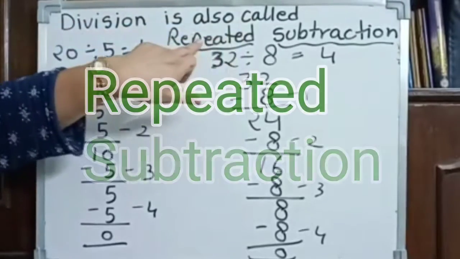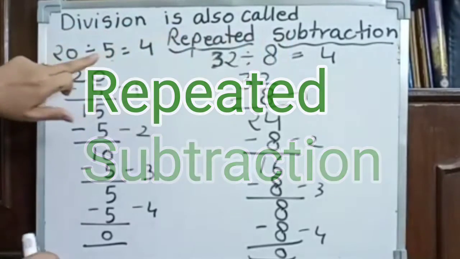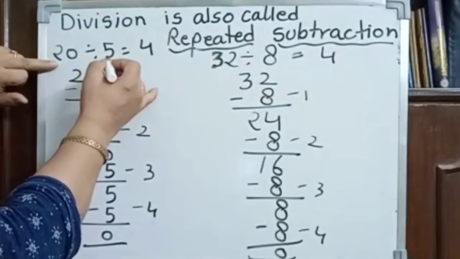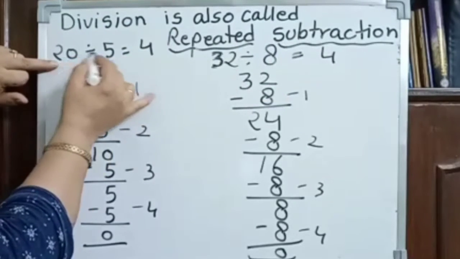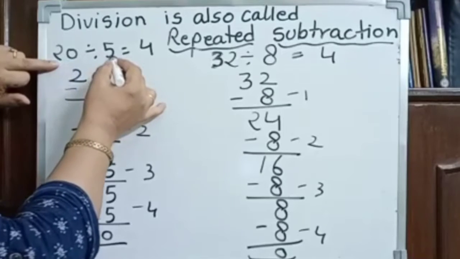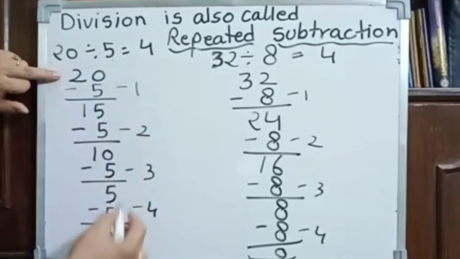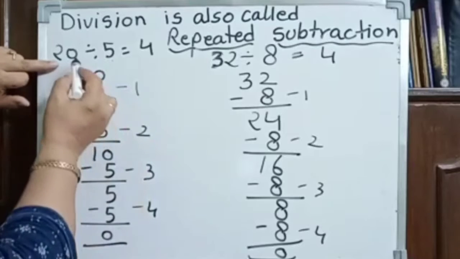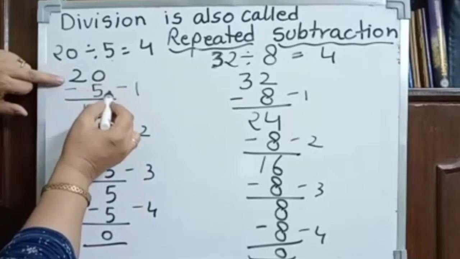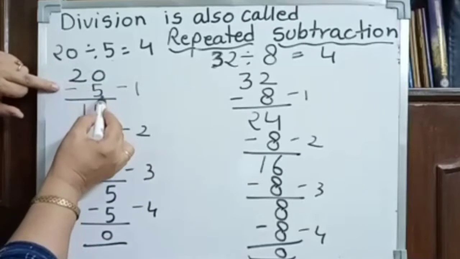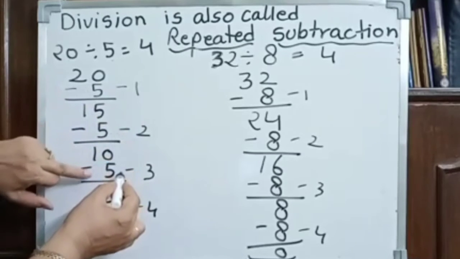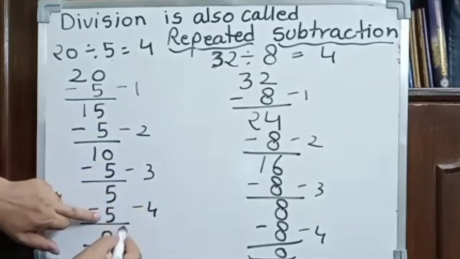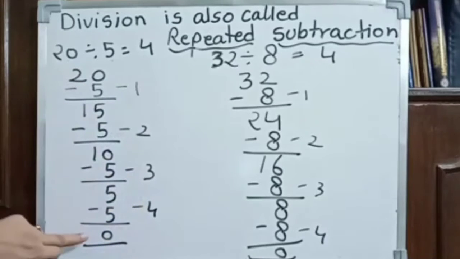Division is also called repeated subtraction. When we divide 20 by 5, using the subtraction method, we have to repeatedly subtract the smaller number from the bigger number. 20 minus 5, 15, again minus 5, 10, again minus 5, 5, then again minus 5, till we get 0.